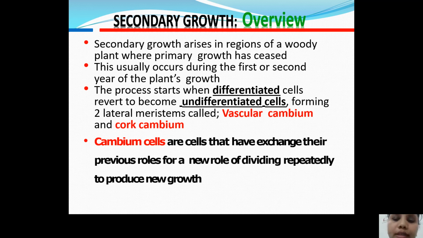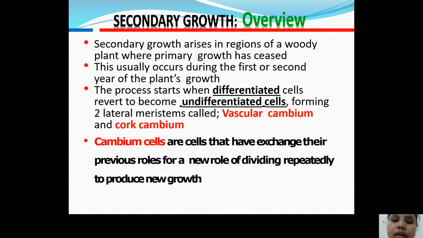Now, in some monocots and some dicotyledonous herbaceous plants, secondary growth is not to be seen, but in some woody gymnosperms and angiosperms, secondary growth happens after the primary structure is formed, and the activity of this primary structure is only for a limited time.